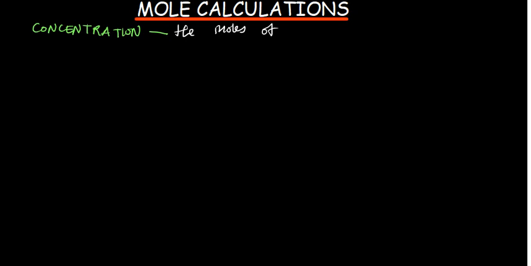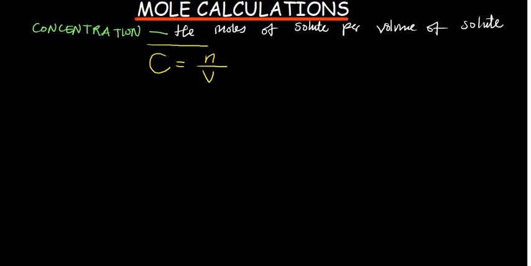Concentration is the moles of solute per volume of solution. That's what we define as concentration. So the formula is going to become concentration, with a C, is given as number of moles over volume. This is the formula just from the definition, moles of solute per volume of solution.